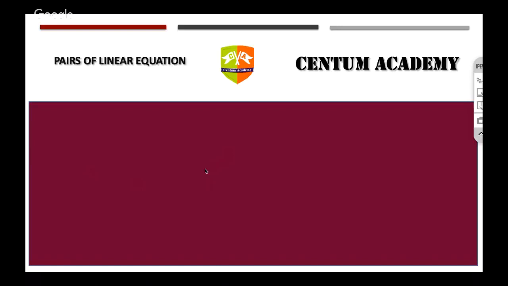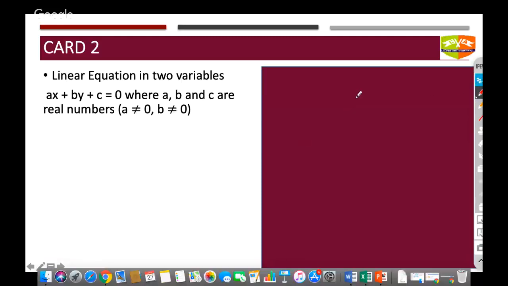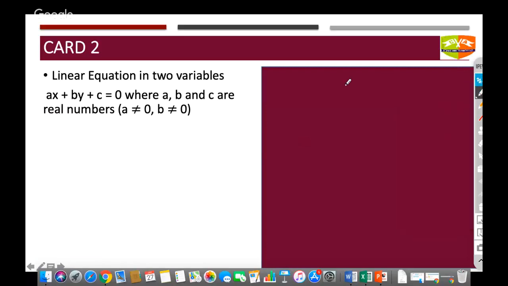So I'm starting with linear equations in two variables. So first of all, how is this presented? Any linear equation in two variables is presented as ax plus by plus c is equal to 0. I have assumed that x and y are two variables here.